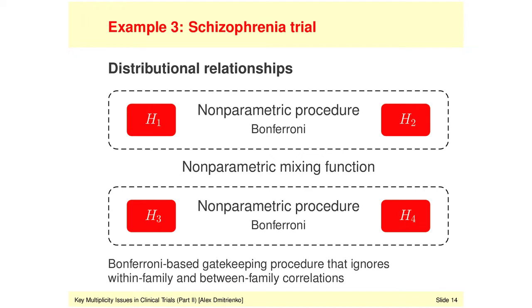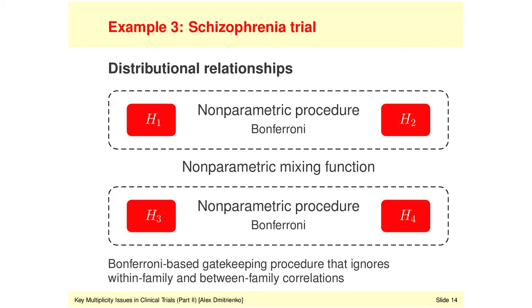With the Bonferroni-based approach, this within family correlation will be ignored. Likewise, when we step down and look at the hypotheses included in the secondary family, H3 and H4, we're going to apply also the Bonferroni procedure, which means that the within family correlation will be ignored, and the inferences in the primary family and in the secondary family will be combined, will be glued together using a non-parametric or Bonferroni-based mixing function.